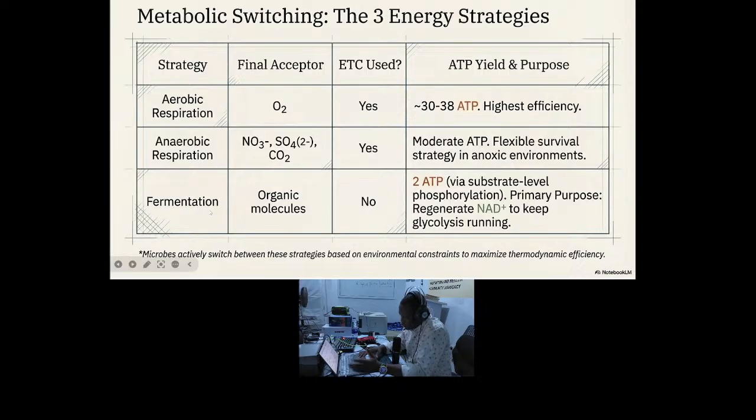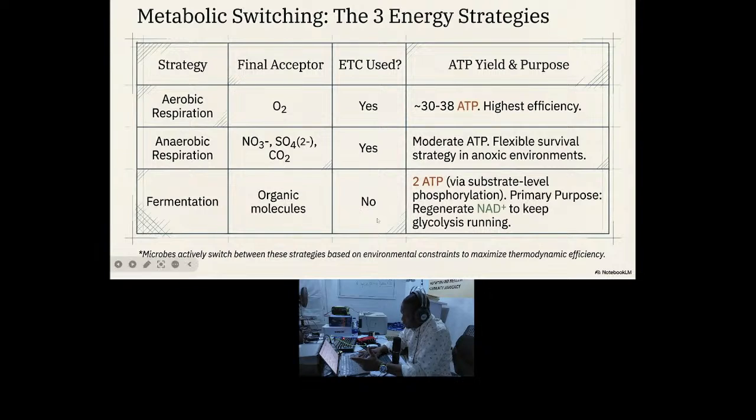Then the next one, I told you the gateway is pyruvate, which goes to ethanol, and that is for fermentation. So the final acceptor here is an organic molecule, ethanol, and this one does not need an ETC at all.